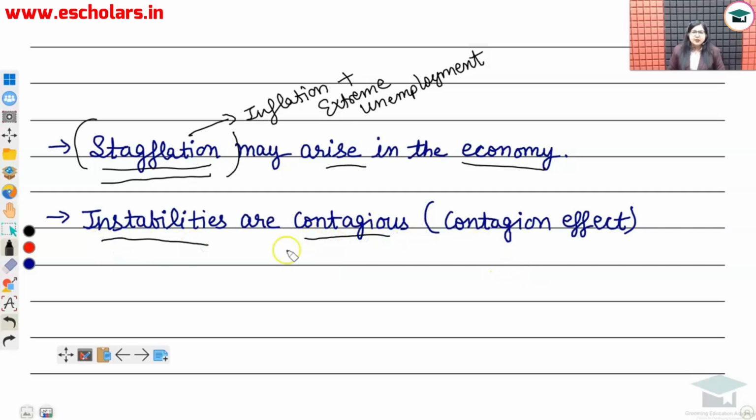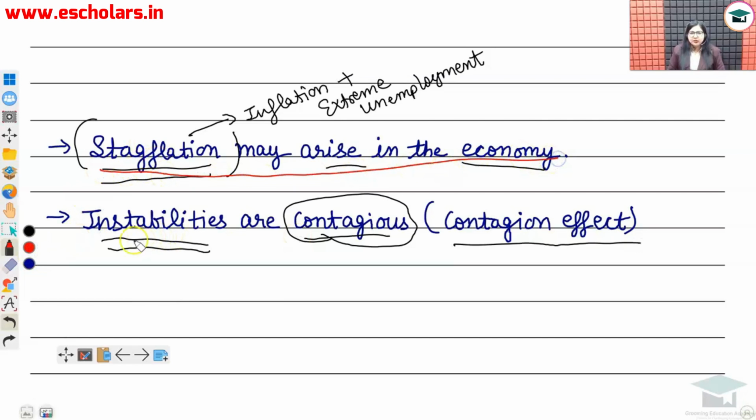Now, what is this? Instabilities are contagious. It means that the instabilities arising in one country will affect the other countries to whom it is related through international trade. Okay, so we can say that instabilities basically have a contagion effect. Okay, so let's have a look. Stagflation may arise in the economy.